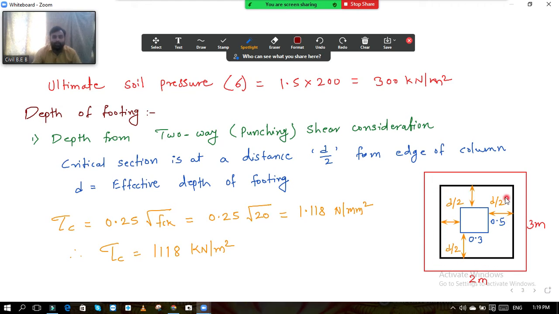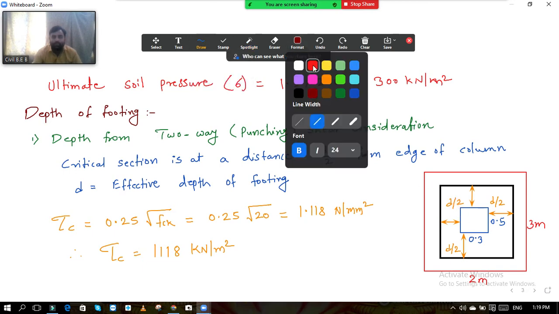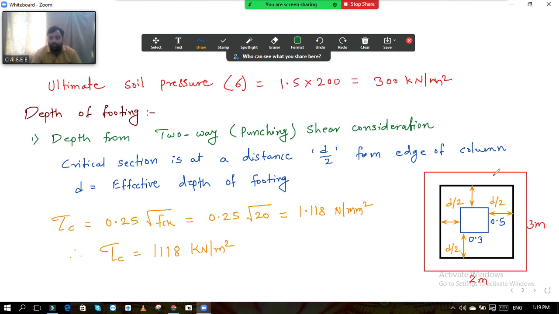black ink. If this whole area goes away, what area will remain? I will hatch that area. The remaining area I will hatch over here. Okay, so this is the remaining area. This area will remain. Whatever I am showing through hatching, this area will remain as it is, and we have to calculate what is the shear force which is acting on this area.